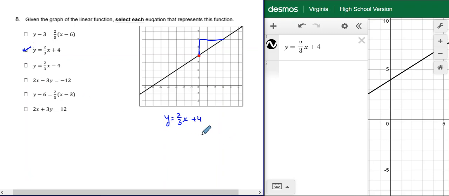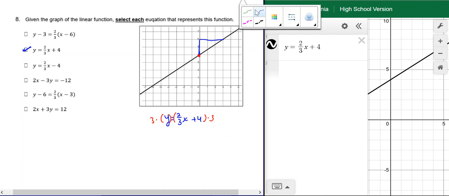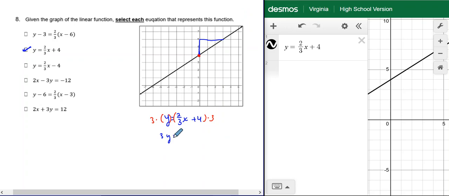From here, usually what we do is convert this into standard form. To convert it into standard form, we always multiply both sides by 3. So that would be 3y equals, and then you distribute this.